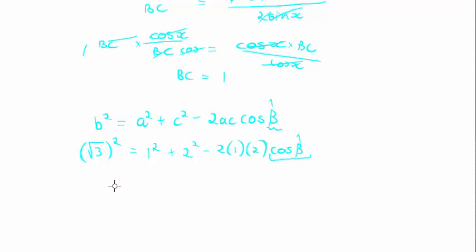So I'm going to have 2 times 2 is 4 cos beta is equal to 1 squared plus 2 squared, that's 5, and this side is going to be a 3. When the 3 goes to the other side, it's negative 3, so it's 5 minus 3 is 2. So if I divide by 4 on both sides, cos of beta is equal to a half.